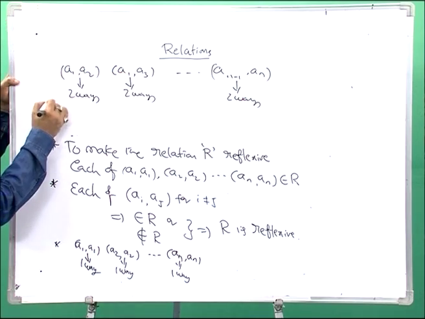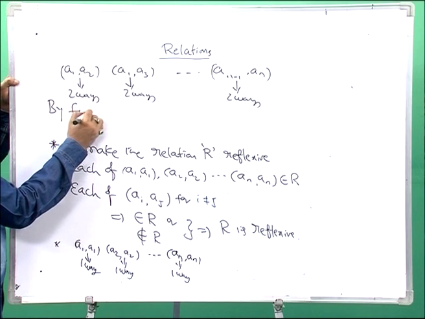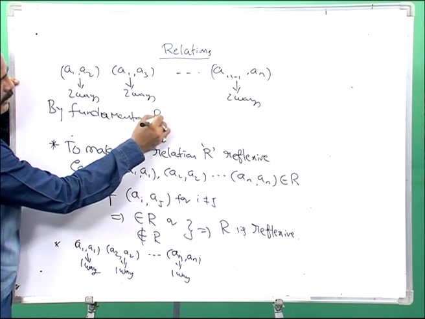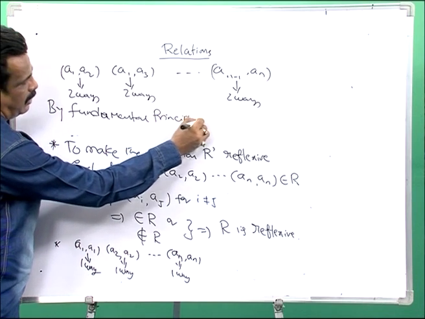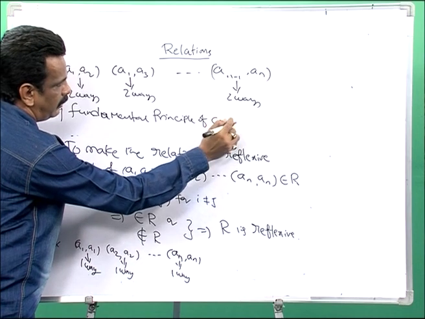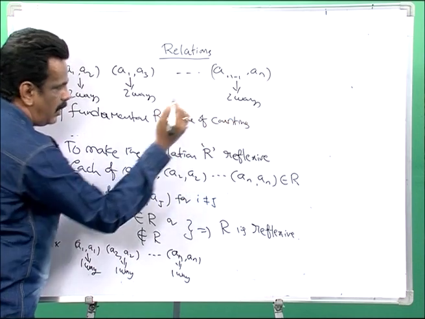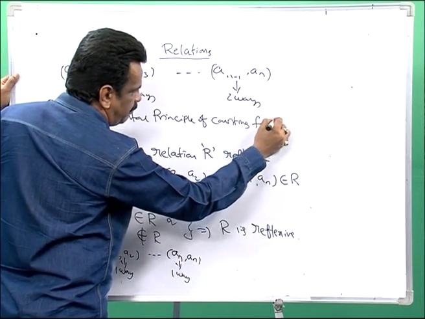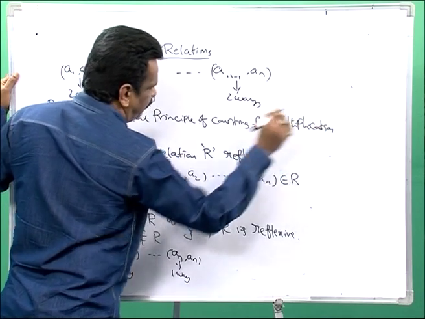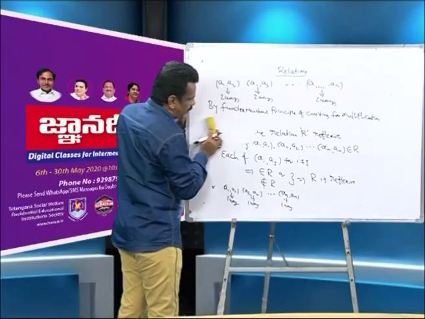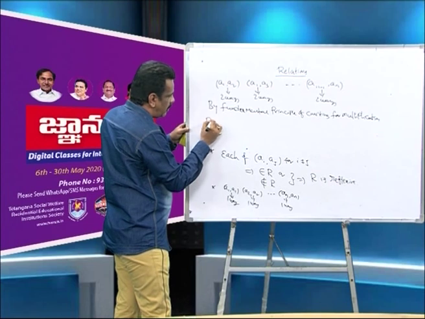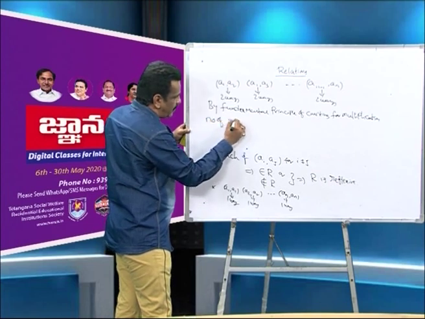Now, by the fundamental principle of counting for multiplication, we discuss here the number of reflexive relations.